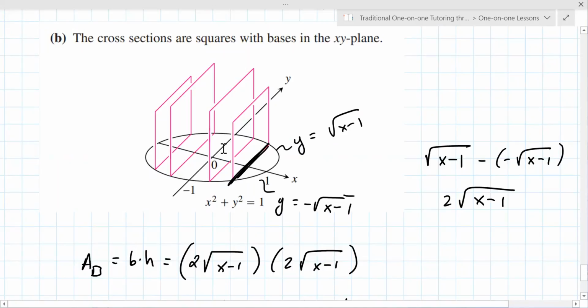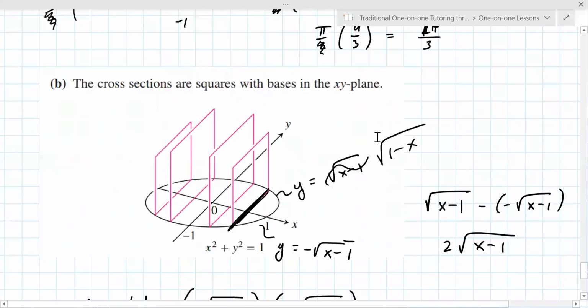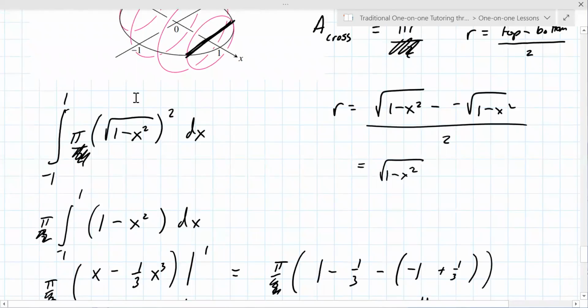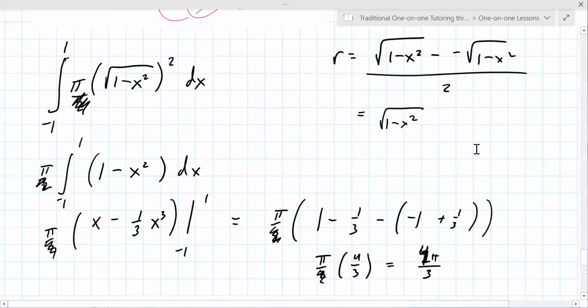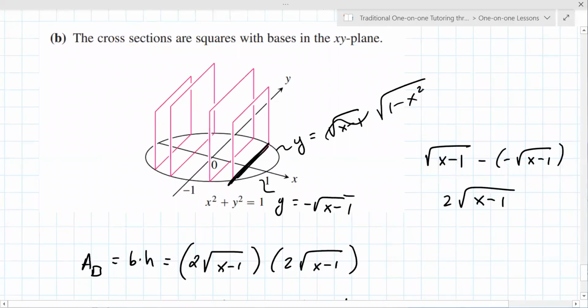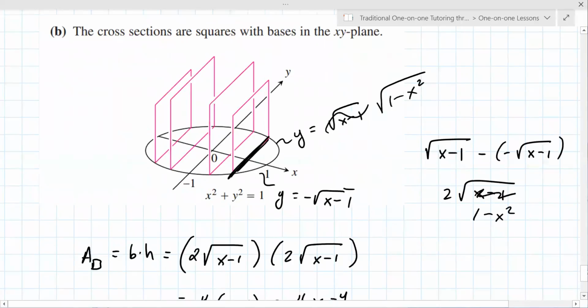Oh, I know. Okay, I see it here. I wrote the wrong function here. It's square root 1 minus x, which is what we did in the last one, but for some reason I didn't catch that. 1 minus x squared. So that's really bad. Okay. So it becomes 1 minus x squared in here.